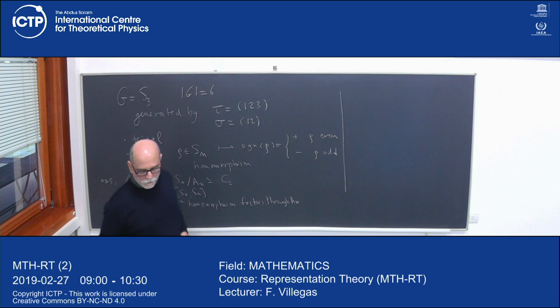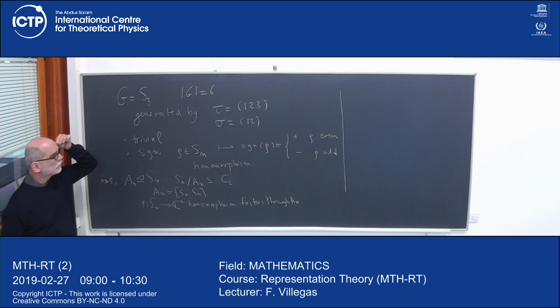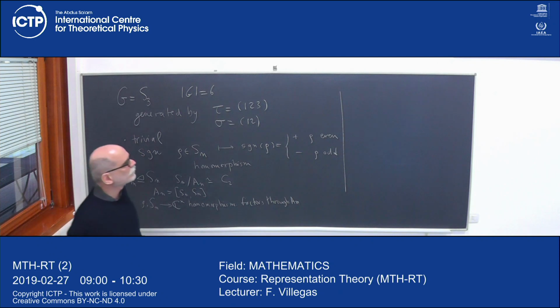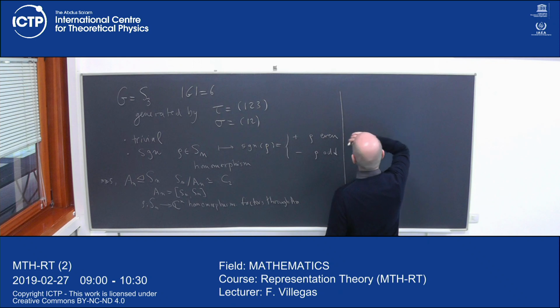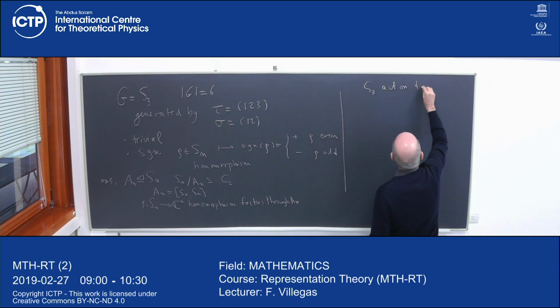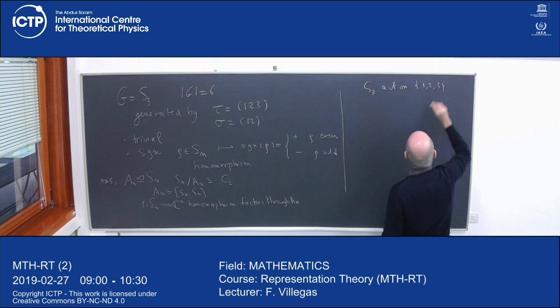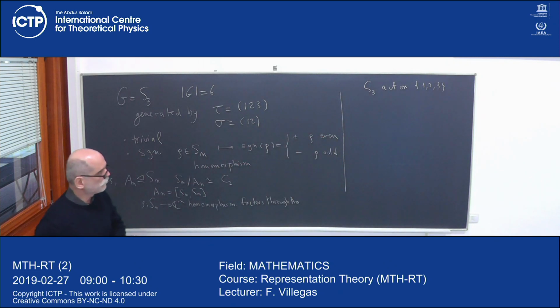So now we can move on and try to find other representations. And yes, we could do what Carlos was saying. We could just have S3 act on the set 1, 2, 3, just the tautological, or the defining representation.